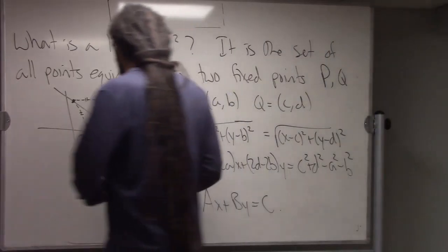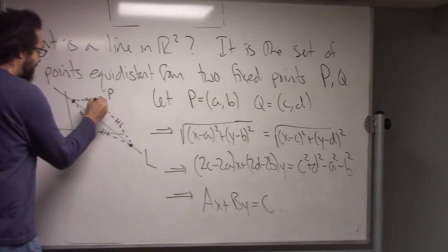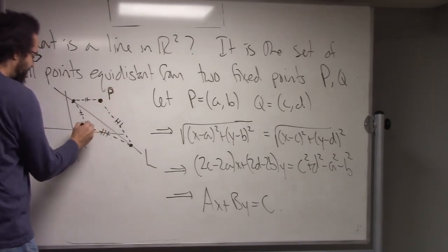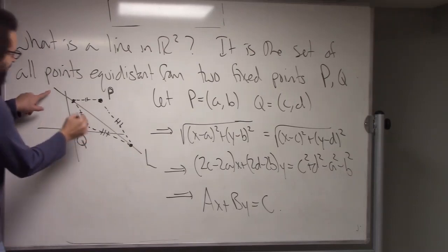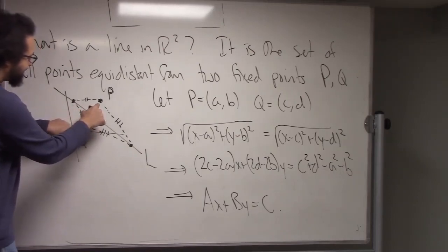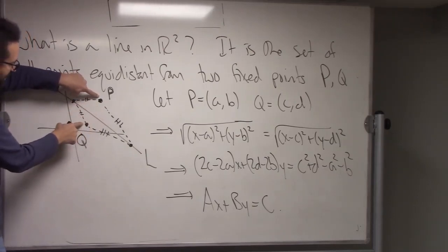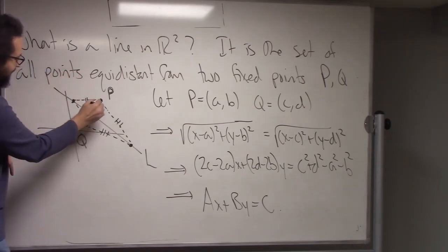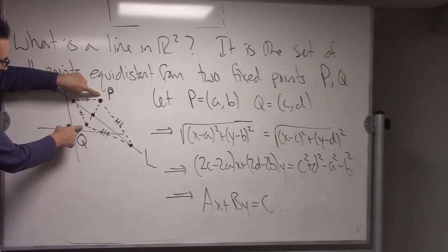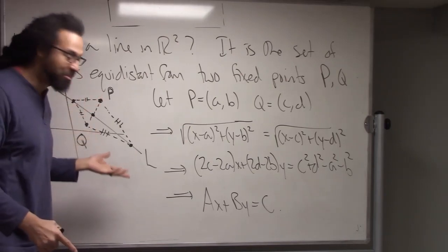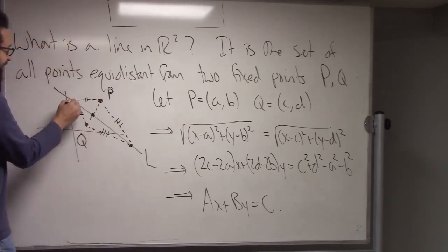So for example, let's say in R2 you've got a point P, and then you've also got this point Q. What are all of the points equidistant from these two points? Here's certainly one point that's equidistant from both of these. It's the midpoint between P and Q. And then here's another one.